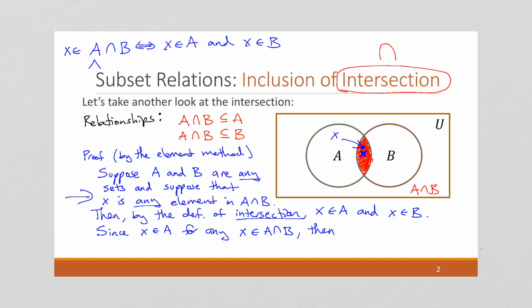We say A is a subset of B if and only if for all X in A, X is in B.